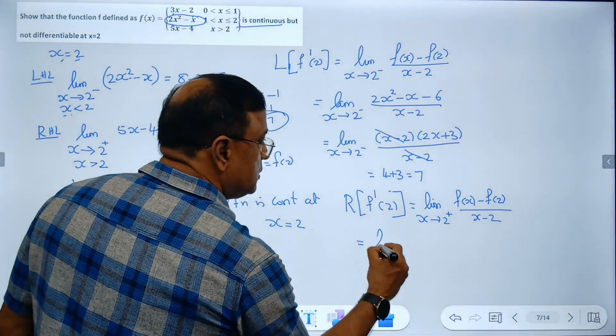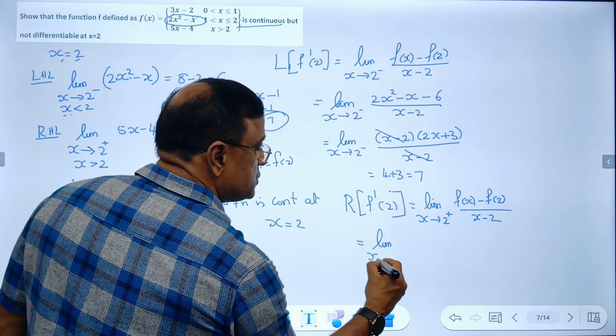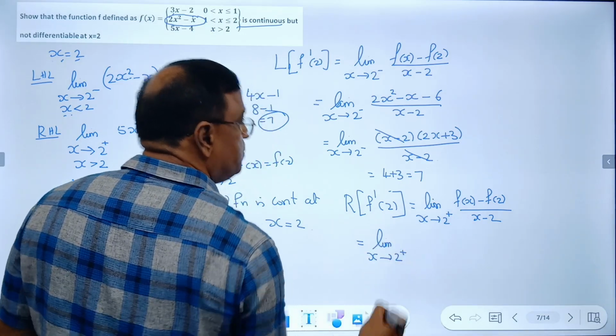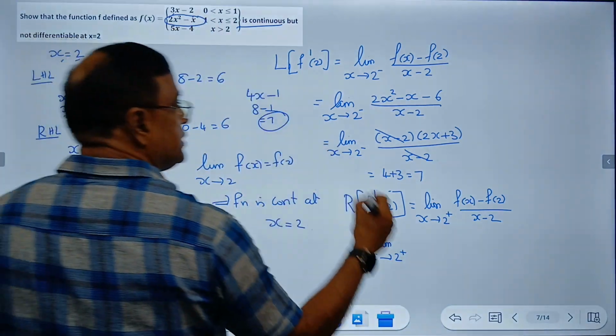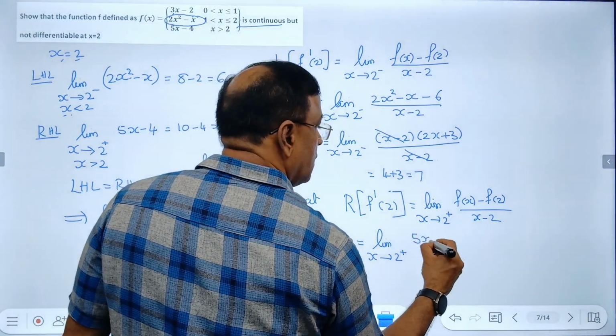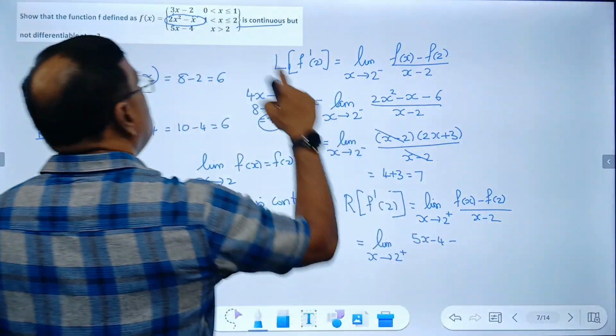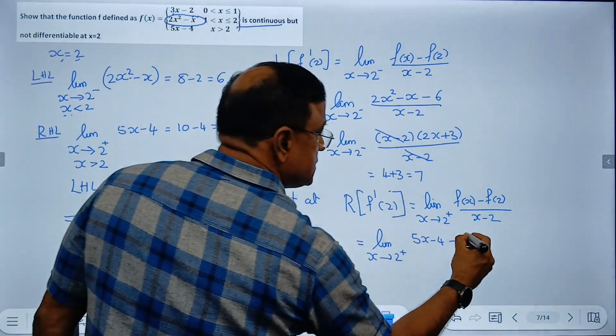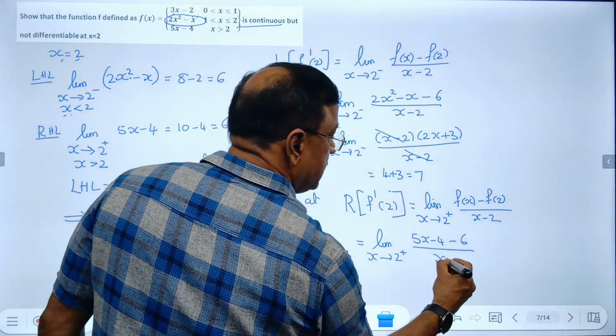So this is limit x approaches 2 plus. What is my f of x? It's 5x minus 4. And what is f of 2? F of 2 is 6, divided by x minus 2.